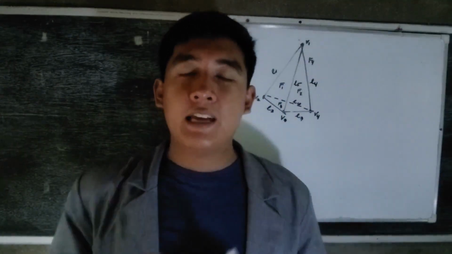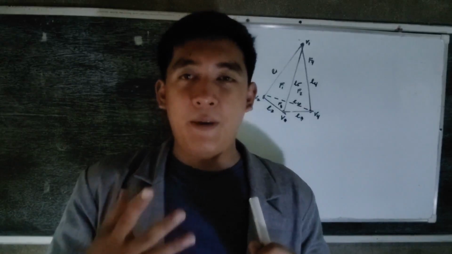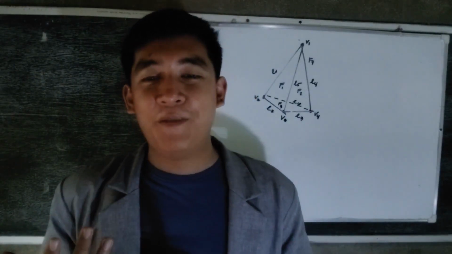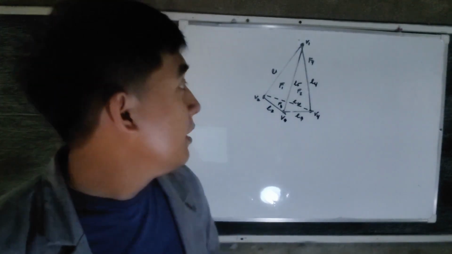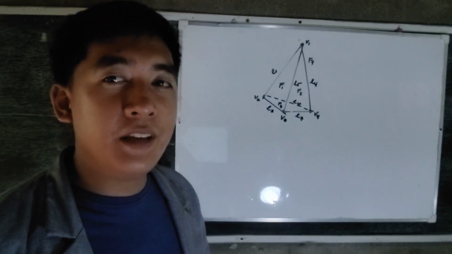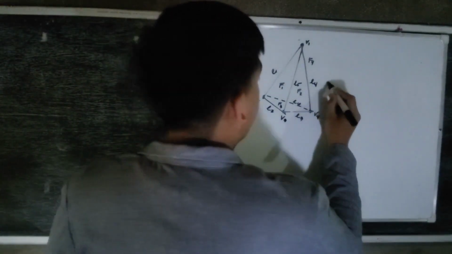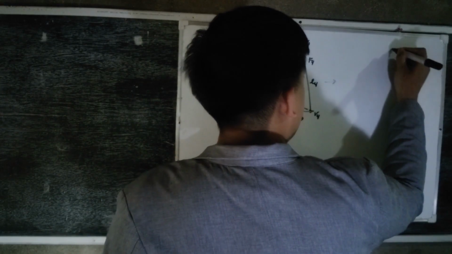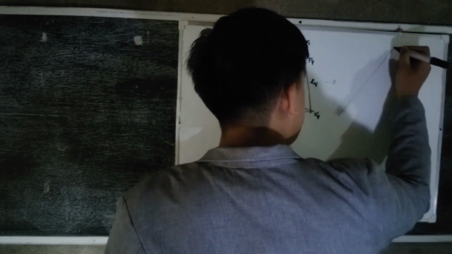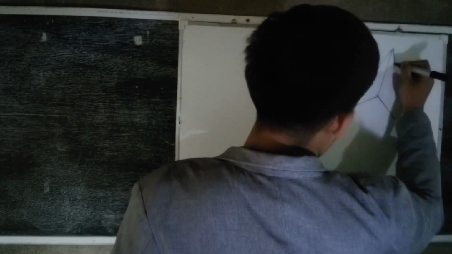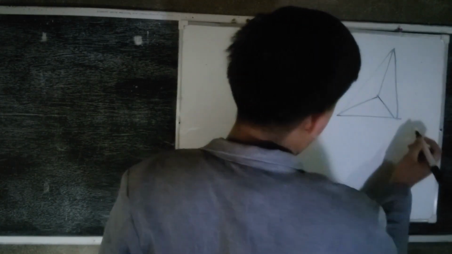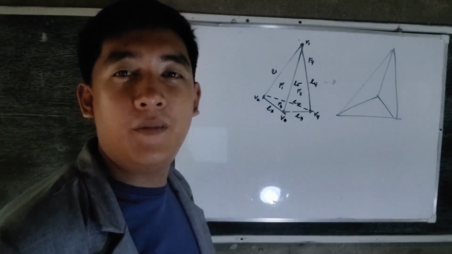Each polyhedron can be converted into a map and then into a graph by inserting a vertex at each meeting point of the map. So consider our tetrahedron. If I am to make this into a map, I'll just draw it like this. Now this is a map of a tetrahedron.